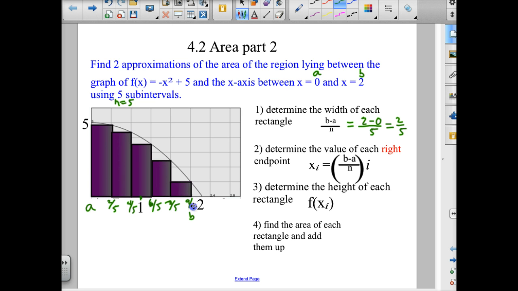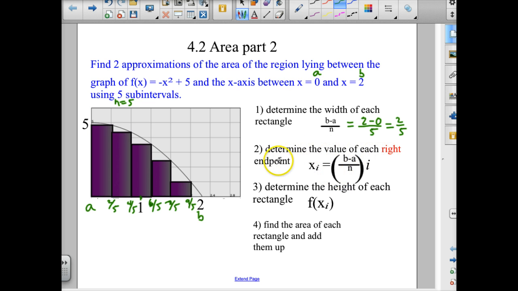Okay, so 0 to 2 is the region that we're finding the area between.